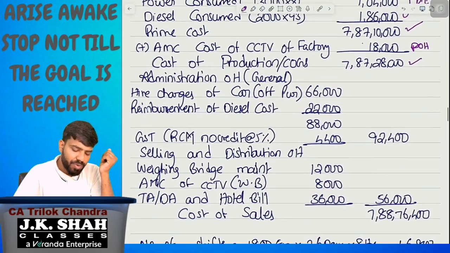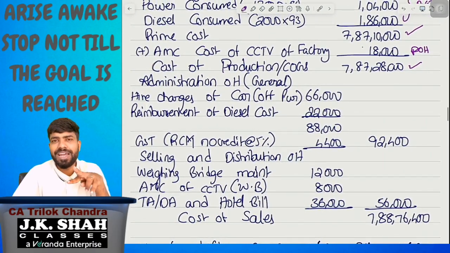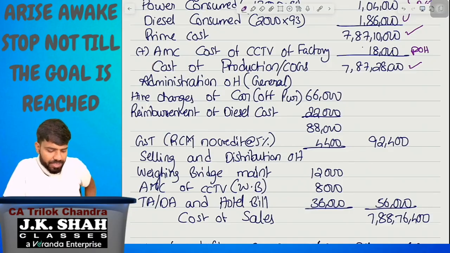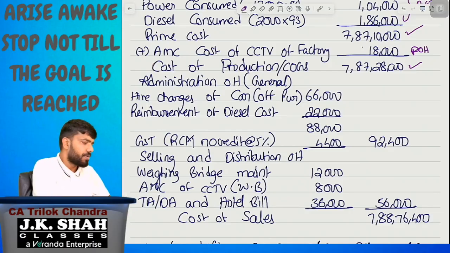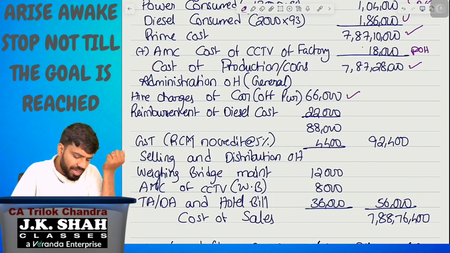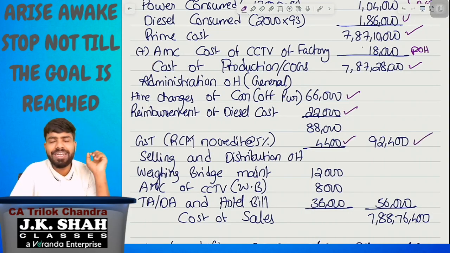Now we need to add the administration overhead general. There are two categories in the administration overhead: administration overhead related to production, and administration overhead general. Related to production, no expenditure is given, so we are taking general directly. Administration overhead general: hire charges of car, reimbursement of diesel cost and GST 4,400 together come to 92,400 as the administration cost.